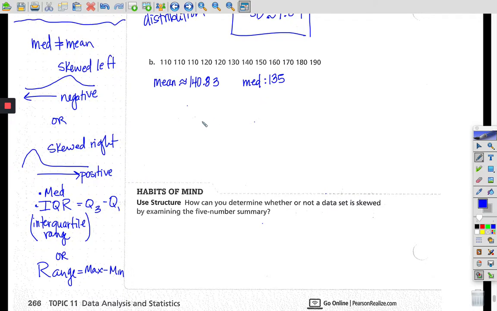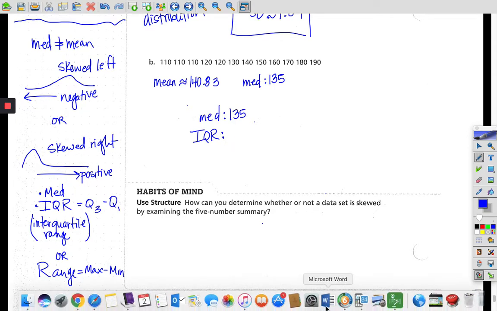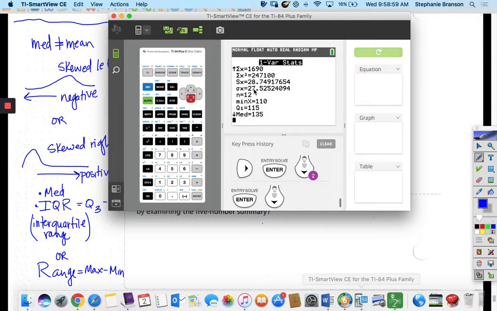So they'd want our median, which is 135. They want our IQR, which is Q3 minus Q1. So let's see what Q3 is. Q3 is 165, Q1 is 115.